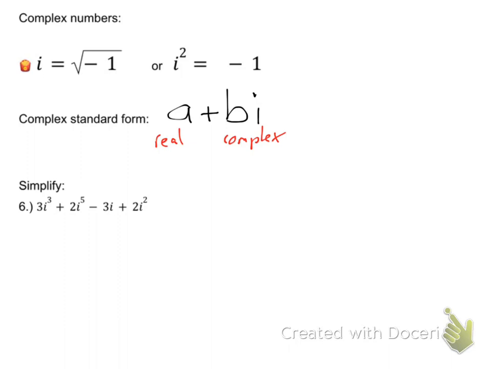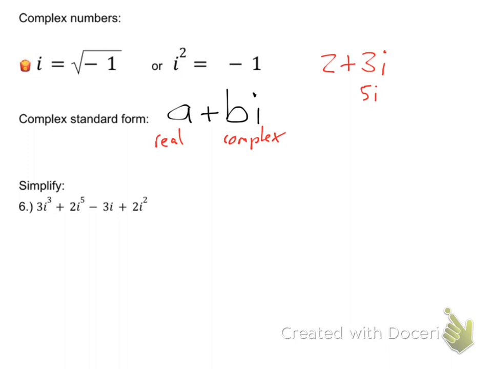So 2 plus 3i is a complex number in complex standard form. 5i is also a complex number. If I had to truly put this into complex standard form with an a and a b, well, b is 5. What's a?